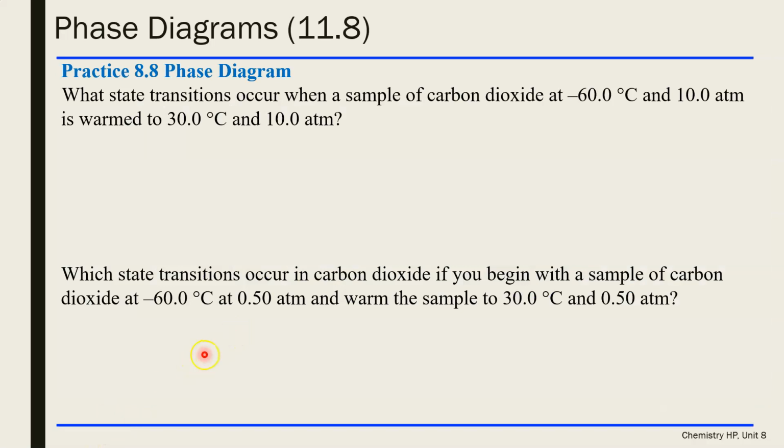If we look at the second question, we want to describe what state transitions occur in carbon dioxide if you begin with a sample at negative 60 degrees Celsius and only 0.5 atmospheres, and we warm it to 30 degrees Celsius while keeping pressure at 0.5 atmospheres. Well, we've got to flip back to our graph.